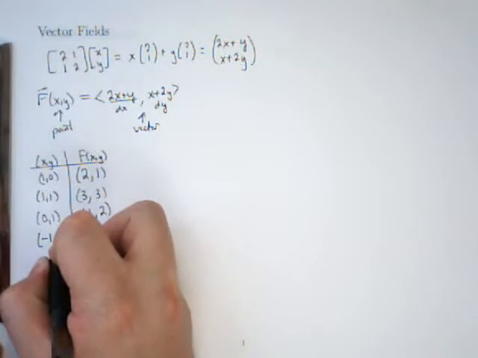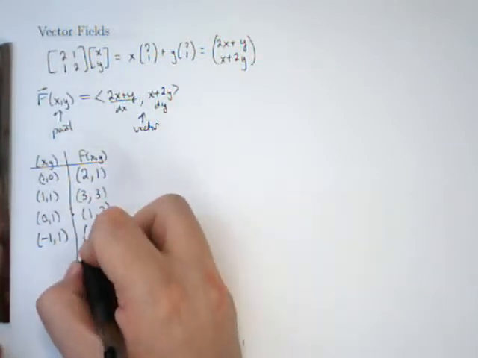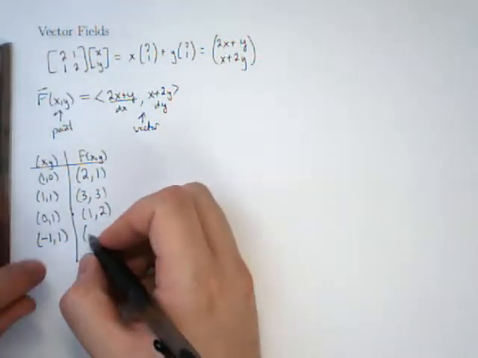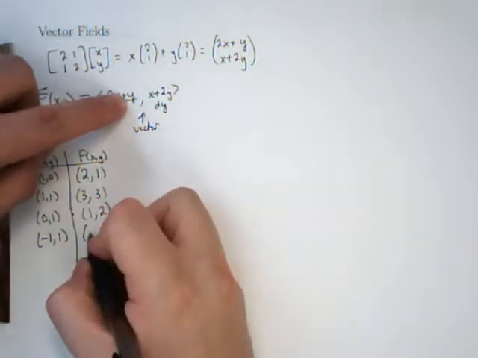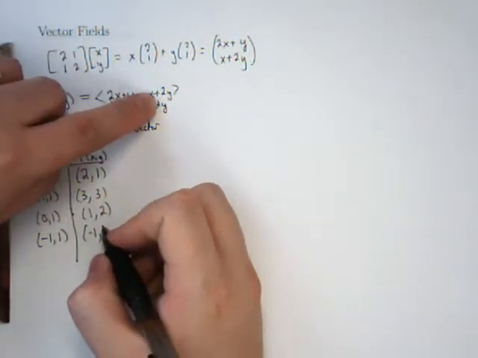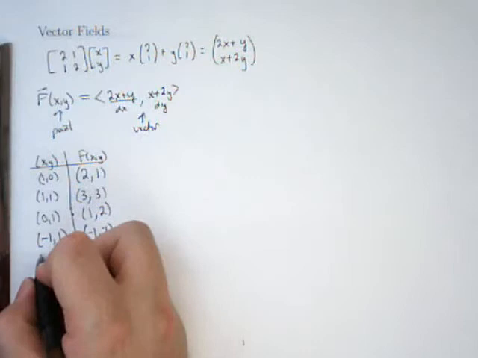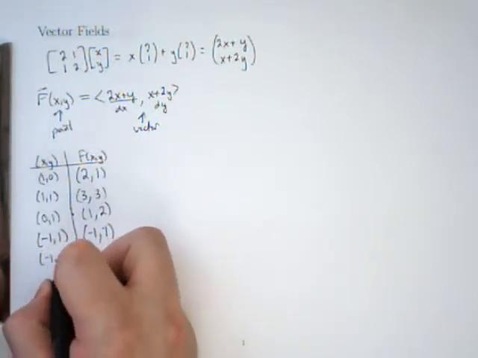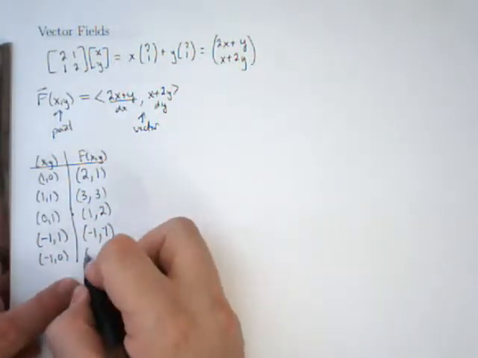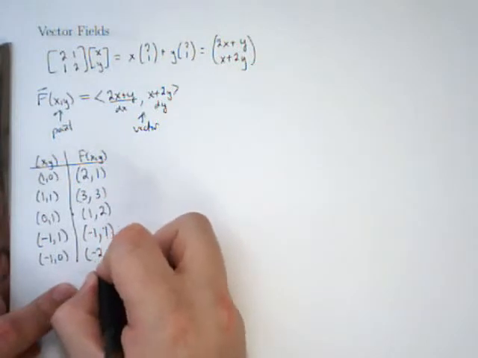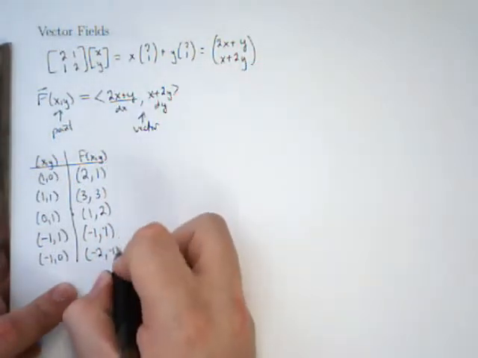While I'm at it, I'll put in (-1, 1), which gives me -2 plus 1 is -1, and -1 plus 2 is 1. Let's do one more: (-1, 0). We put in -1, giving us -2, and then -1.